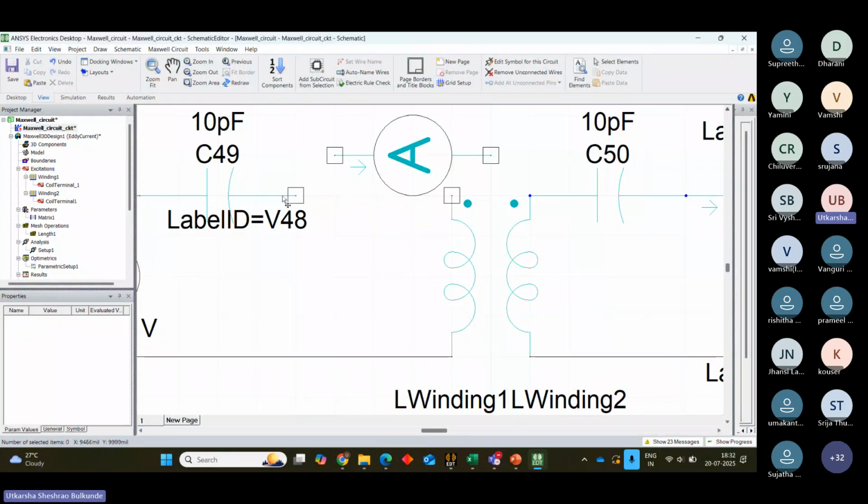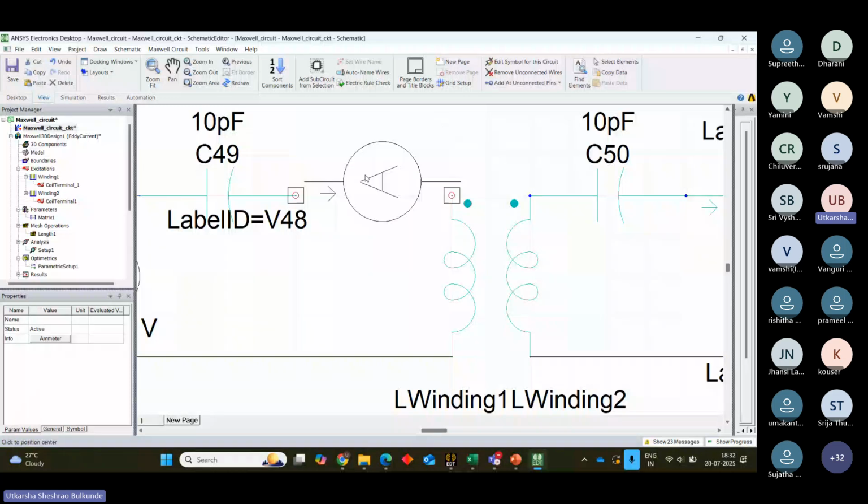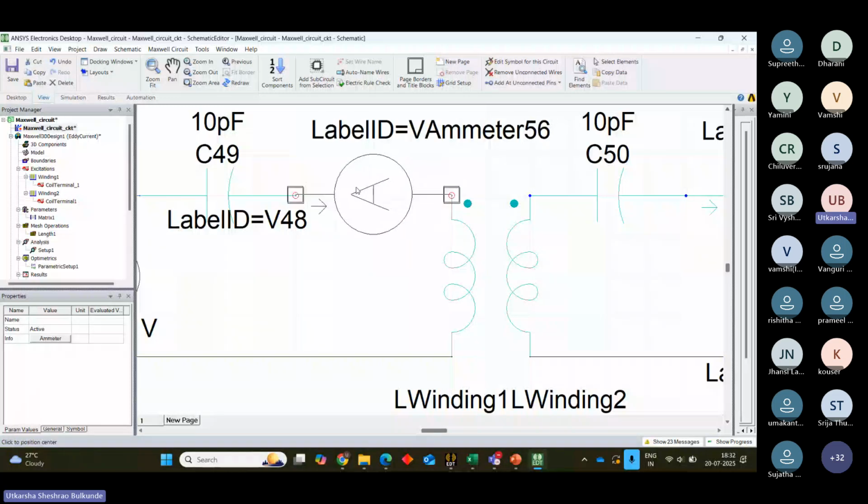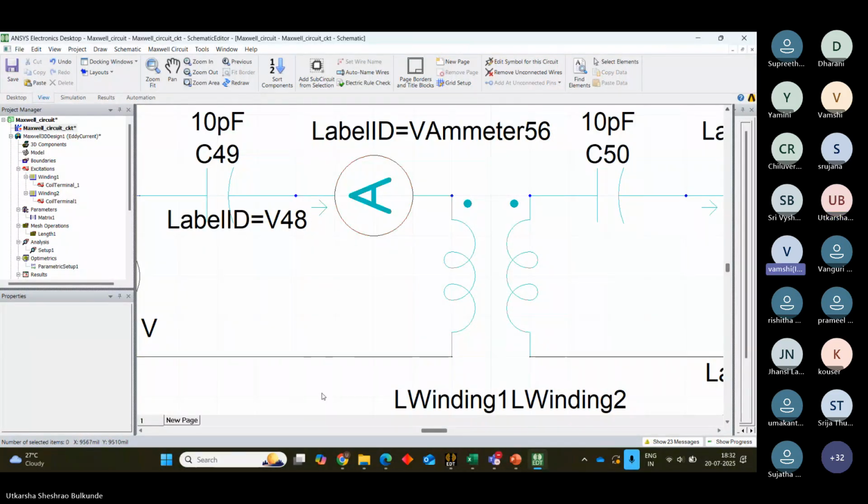Just be careful while placing the ammeter that the direction of current should be through this arrow. Okay.